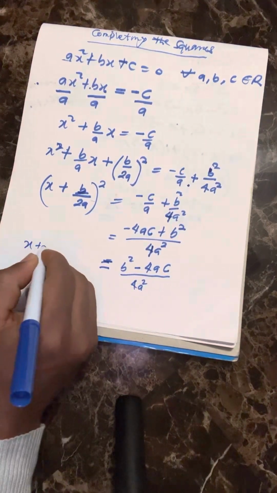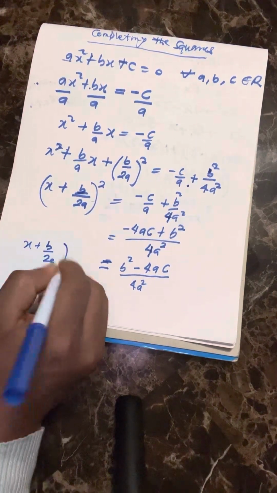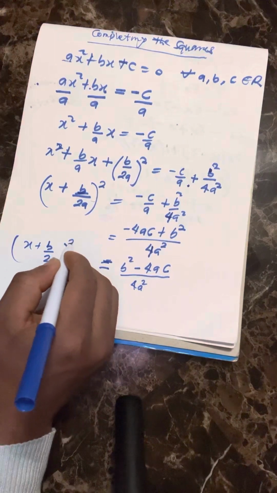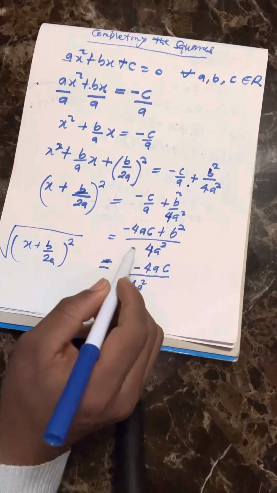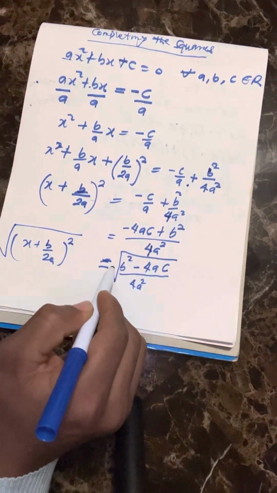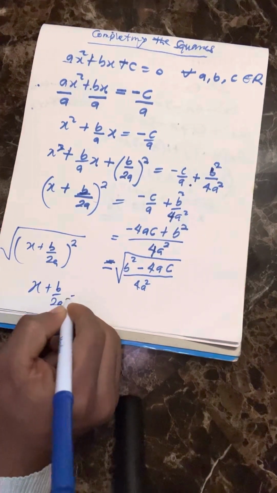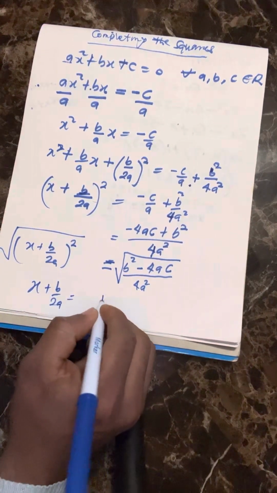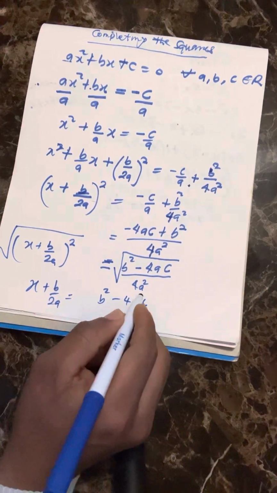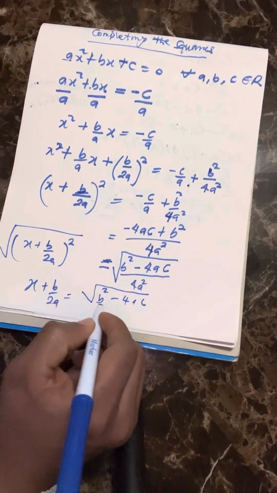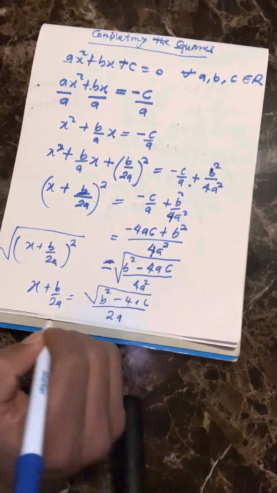So x plus b over 2a, raised to power 2. Well, when I take the square root of both sides, you would have x plus b over 2a equals the square root of b squared minus 4ac over 2a.